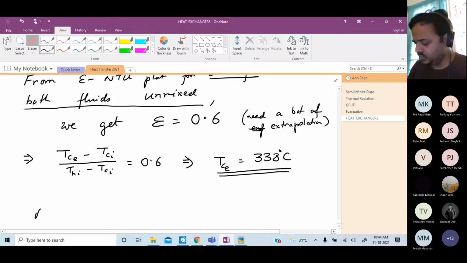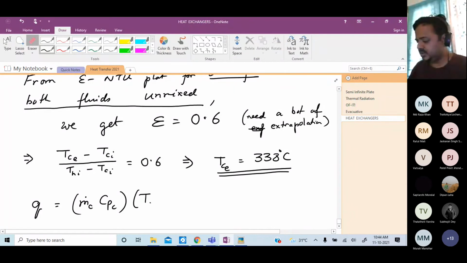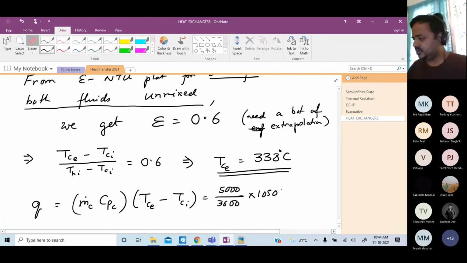So Q is m dot C, CPC times TCE minus TCI, right? So 5000 by 3600 times 1050 times 338 minus 170.